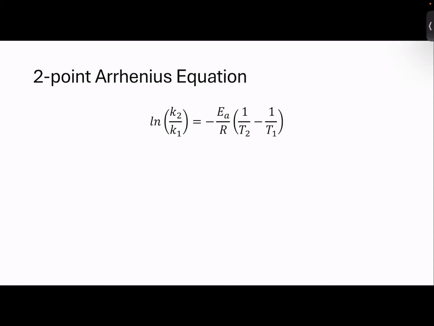Now, I will say that if you look at the equation in the textbook, it's slightly different because what they've done is they've multiplied through by that negative, which caused these two to rearrange.